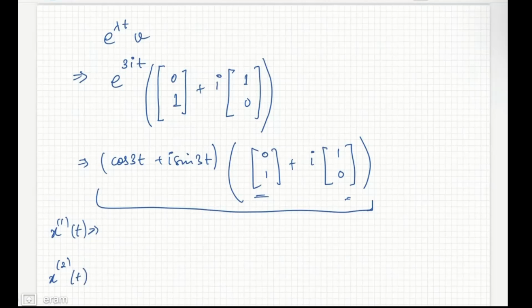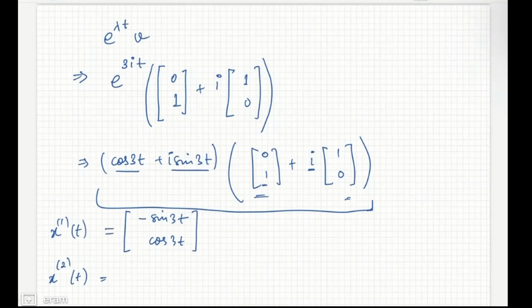So let's find out the real part. The real part will be given as cos 3t into 0, so it is 0. And this will also give the real part because i squared will be minus 1, so it is minus 3 sin 3t, and then this is cos 3t. Is it correct? Yes, ma'am. And what will be the imaginary part?